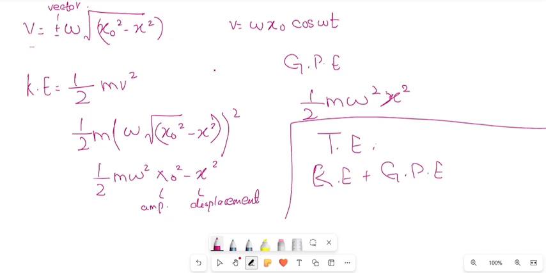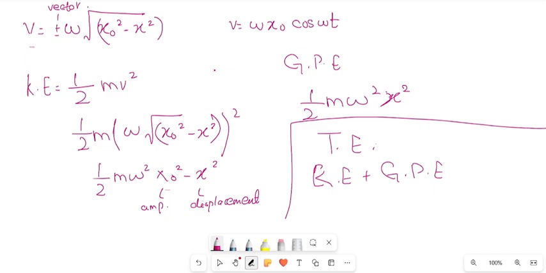If you're wondering how we derived this: at equilibrium, the only thing that we have omitted from this formula is x naught square, and x naught is the amplitude, and we know that you have maximum gravitational potential energy at the amplitude.